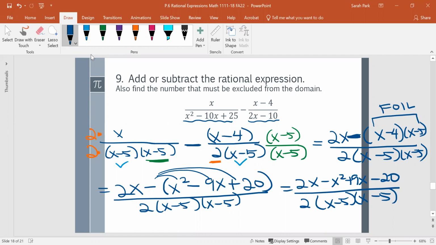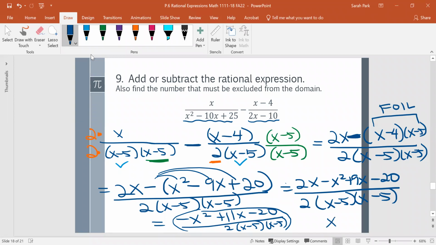All right, so now let's see what we can do. The top part is negative x squared plus 11x minus 20, and the bottom part just stays as 2 times x minus 5 times x minus 5. So that's our simplified answer here. We are going to now find the numbers to exclude. If we just check out the bottom, it's what makes x minus 5 equal 0.